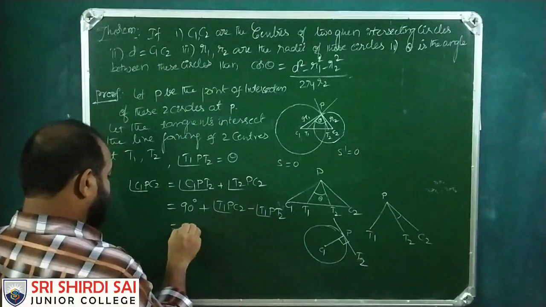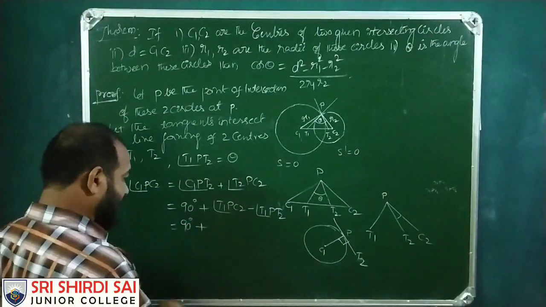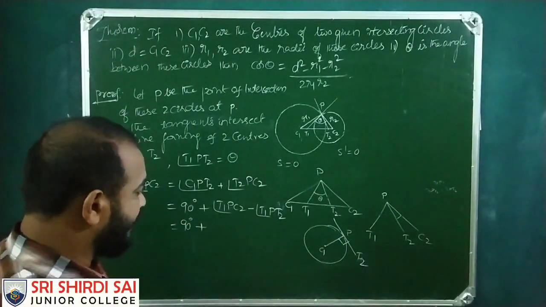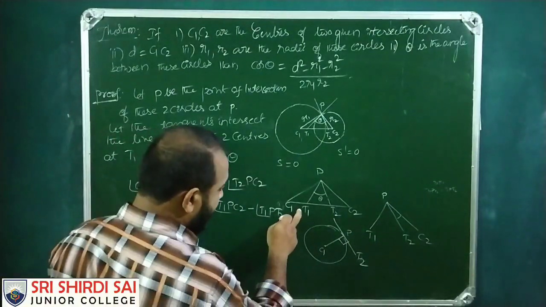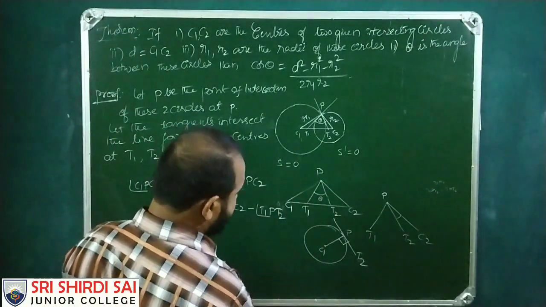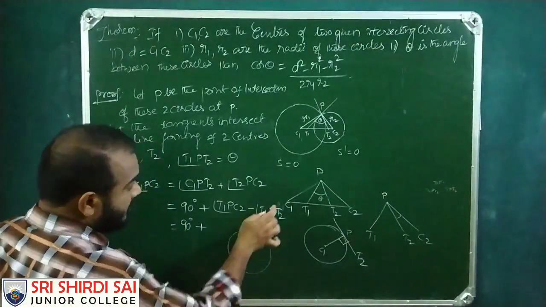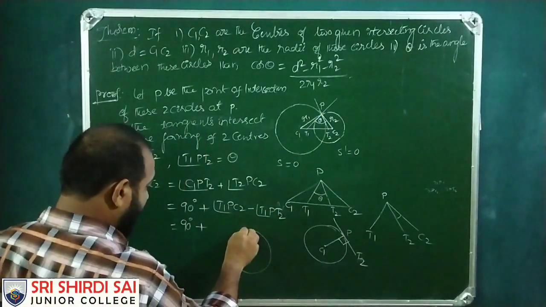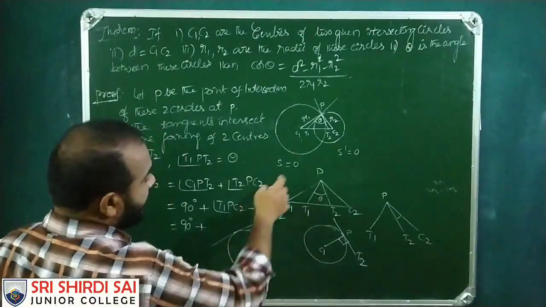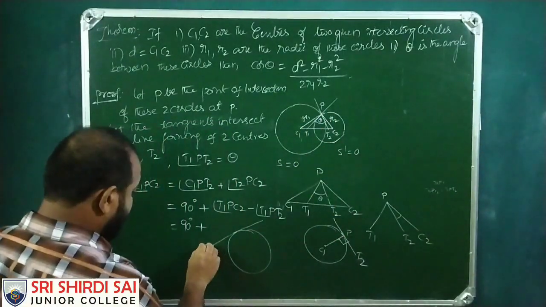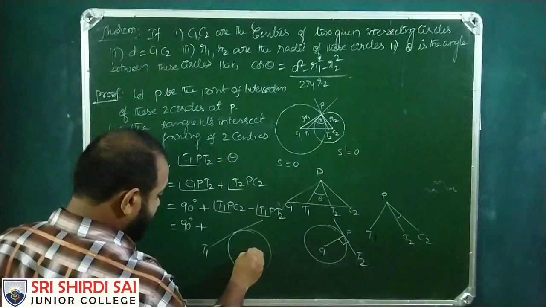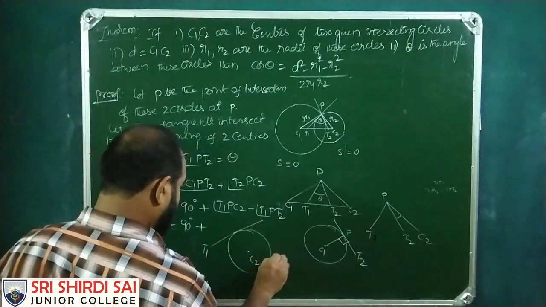T1PT2. So this is 90 degrees plus T1PC2 equals, listen, T1PC2 is, this is the small circle, and this is my tangent, and this is T1, this is C2.